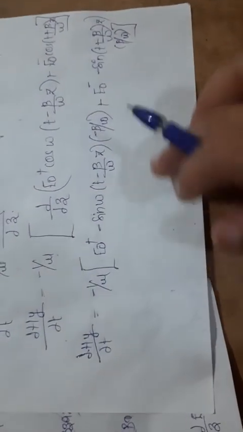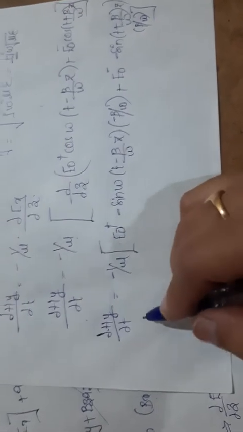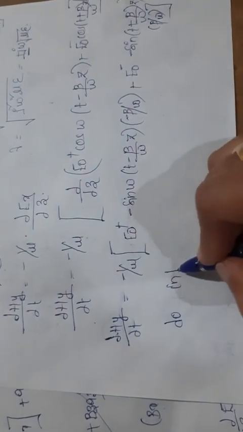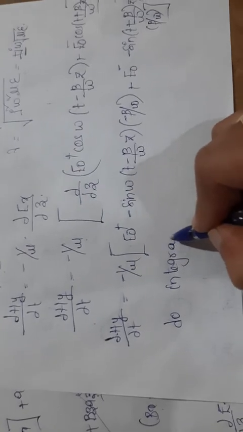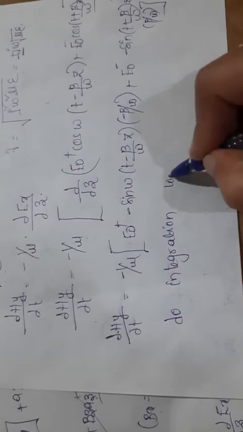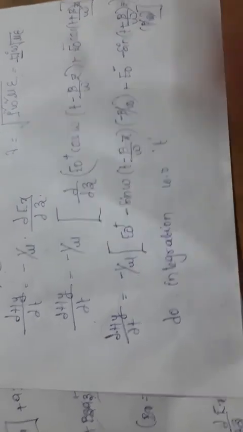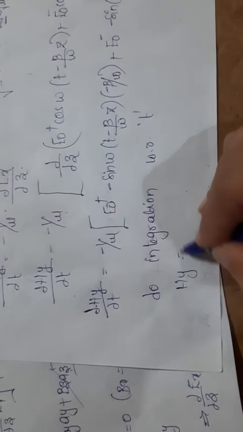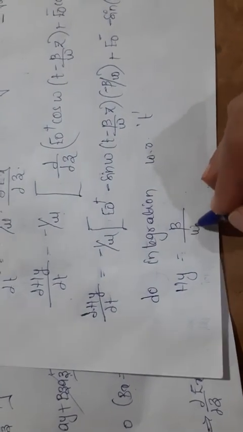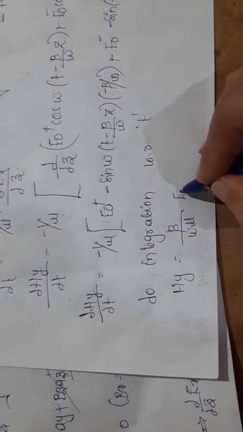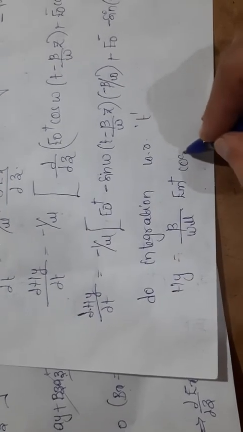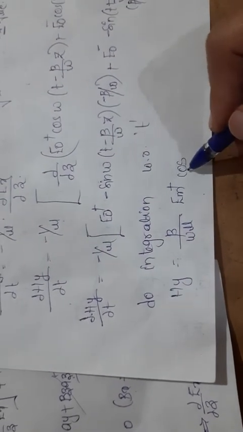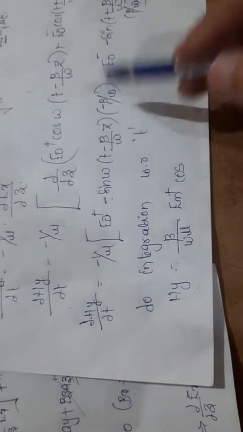After getting this, do integration with respect to t. After integrating with respect to t, I will get Hy is equal to beta by omega mu, E naught plus, sin integration will become cos, and minus minus will become plus.